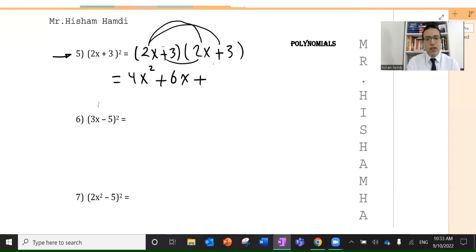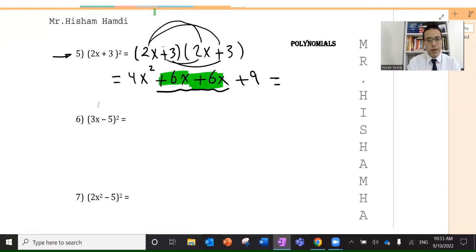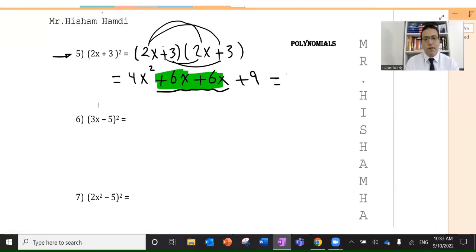Positive 3 by 2x is positive 6x. Positive 3 by positive 3 is positive 9. So I'm going to add the like terms in the middle. So the final answer is 4x squared plus 12x plus 9.